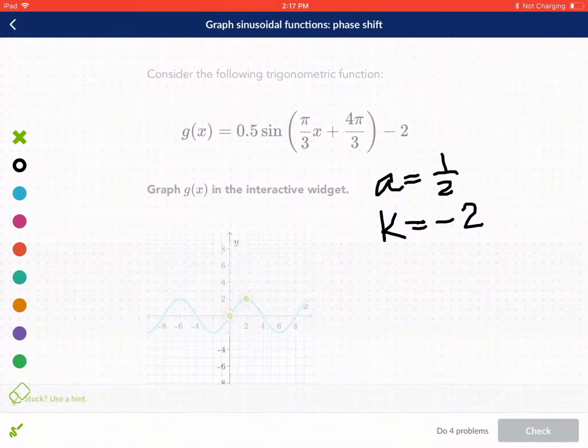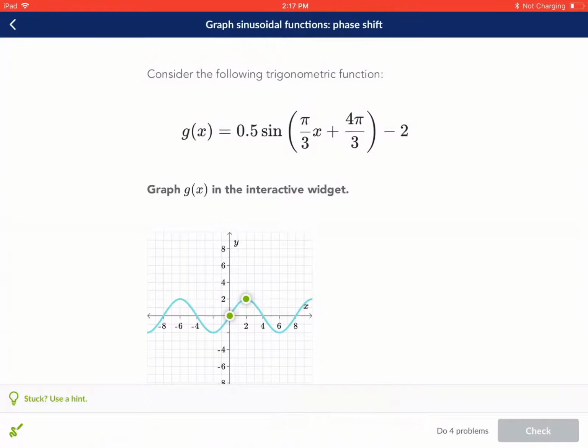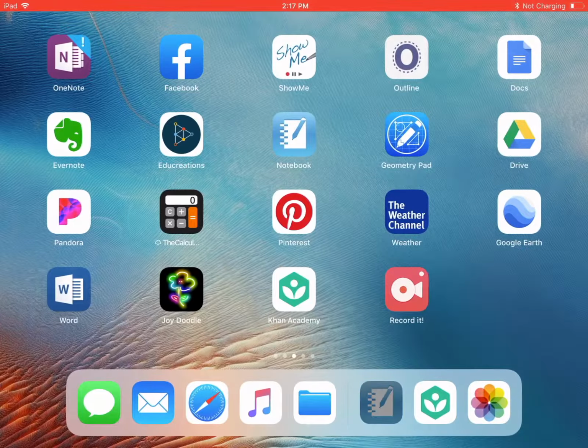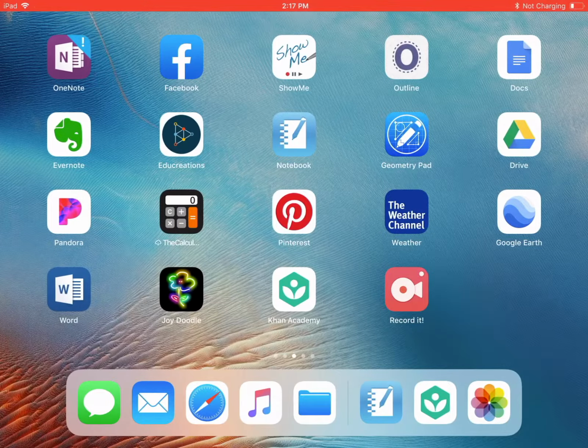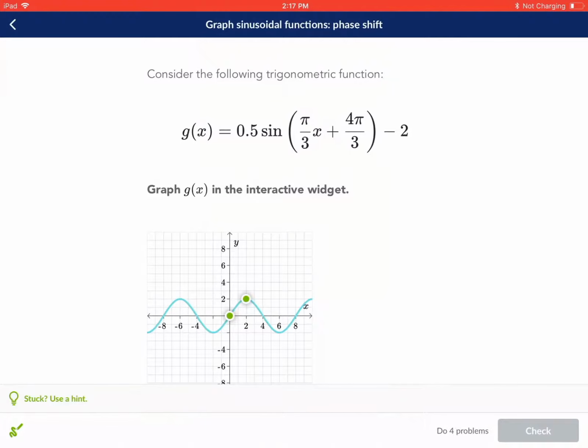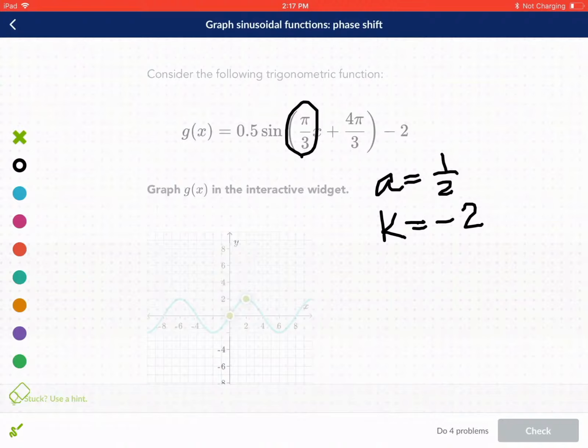Now, notice here that my b value is inside the parentheses, and Khan Academy likes to have it that way, but the way that I showed you here, see how b is on the outside? So we actually have to factor out a b, okay? And I'll show you how to do that. It's not too bad. So we're going to factor out a pi over 3 here.